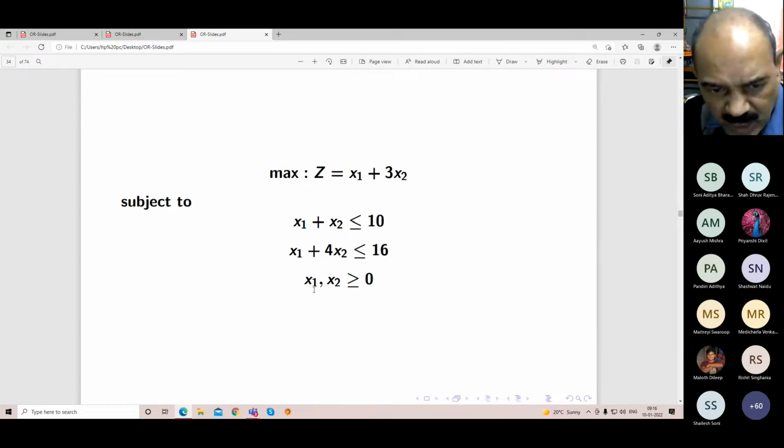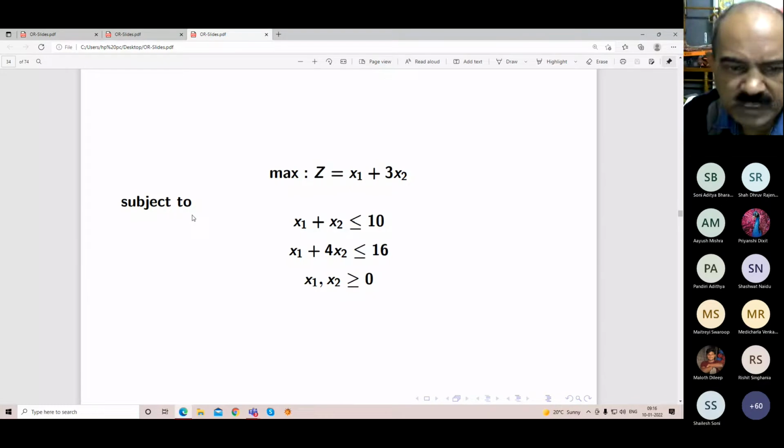Earlier nothing was mentioned, so we were just exploring the basic feasible solution. Here this is a complete problem. We would like to find the maximum value of the objective function, and these are the restrictions: two constraints, both of inequation type, and x1, x2 non-negative.